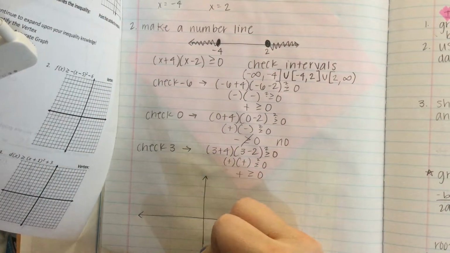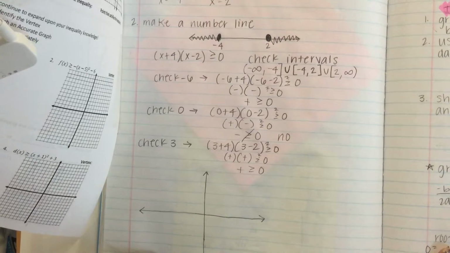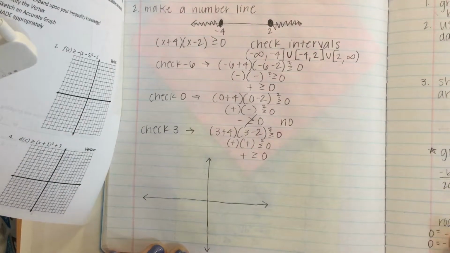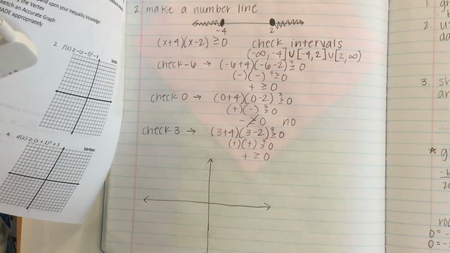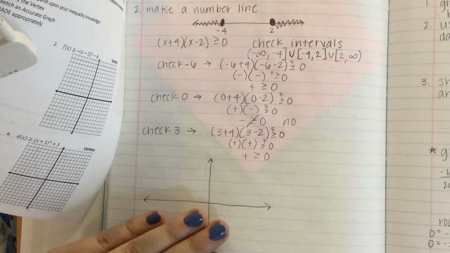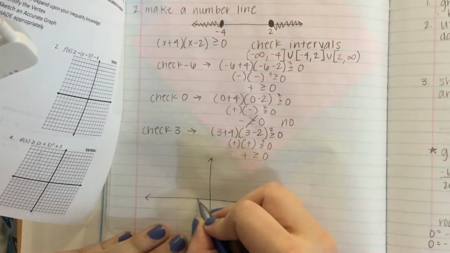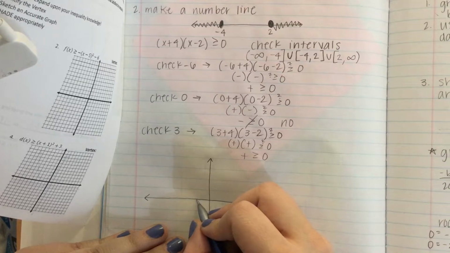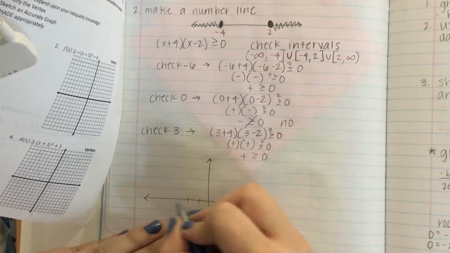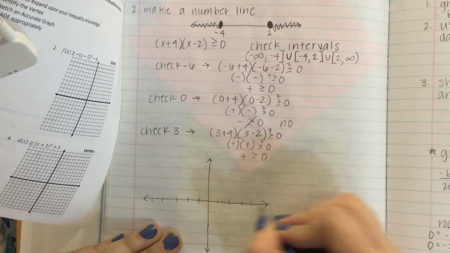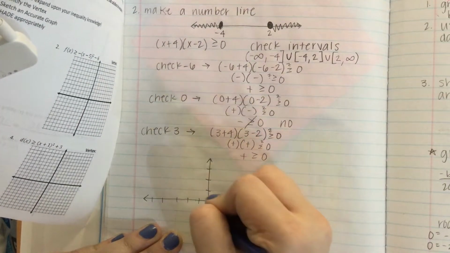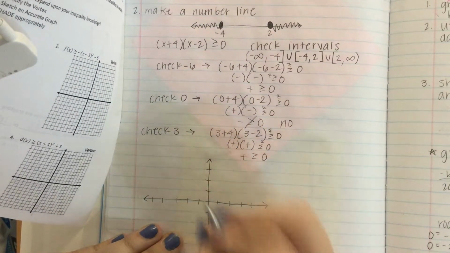Okay. Let's think about, what's my vertex of this guy? It's going to be negative b over 2a, negative 2. So negative 2. Negative 2 what?